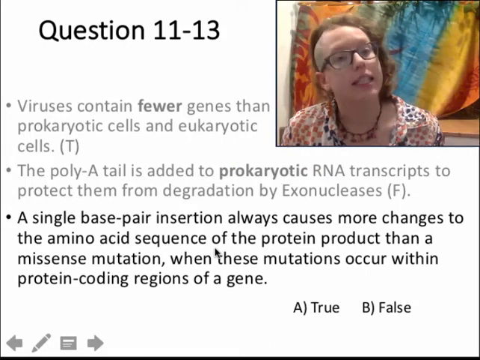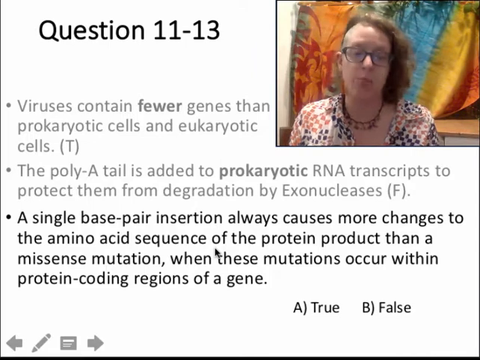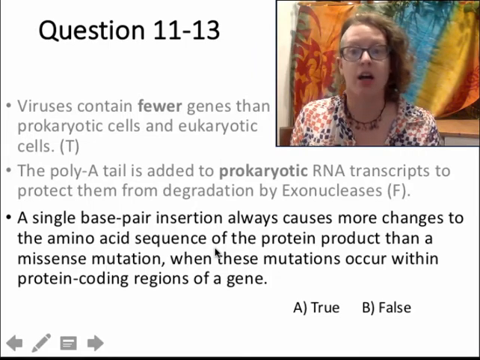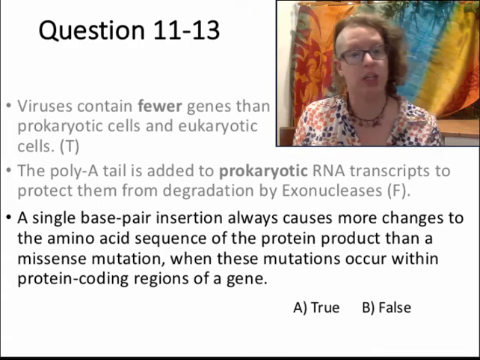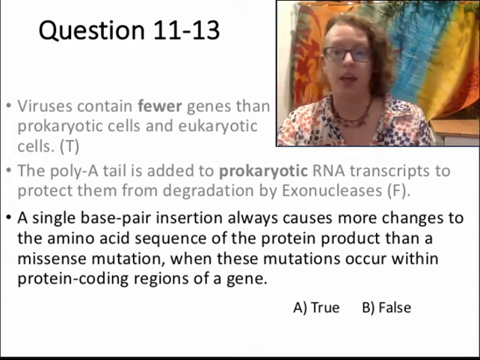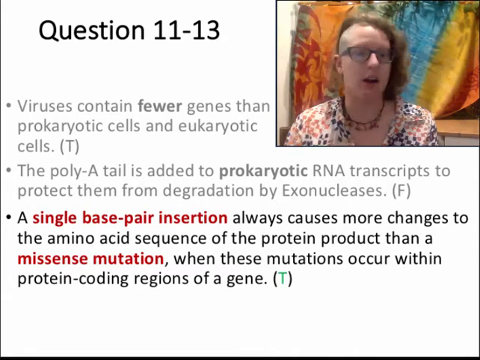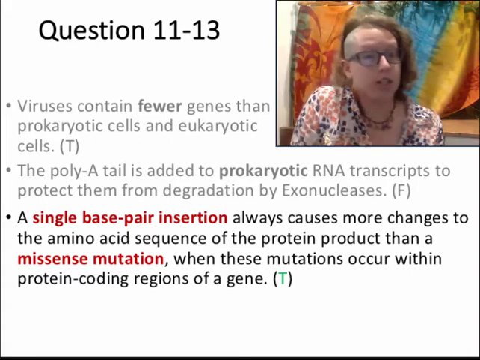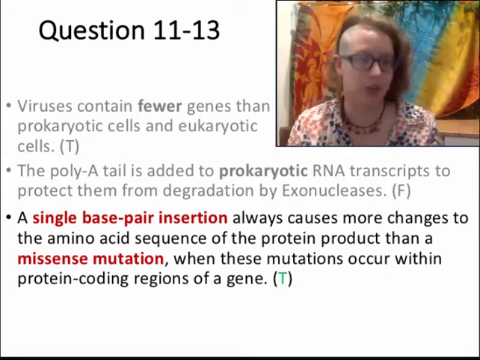Next, a single base pair insertion always causes more changes to the amino acid sequence of a protein product than a missense mutation, when these mutations occur within protein coding regions of a gene. This is true. The important aspects are single base pair insertion versus missense mutation. A single base pair insertion causes a frame shift.